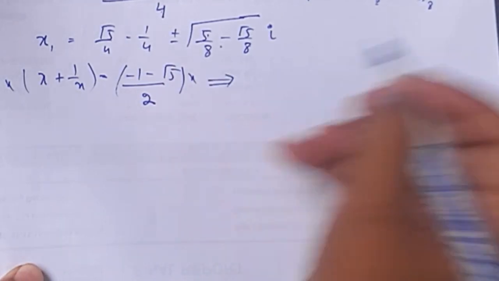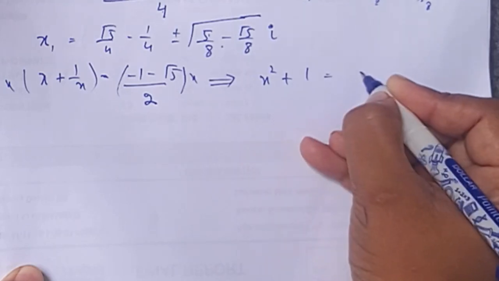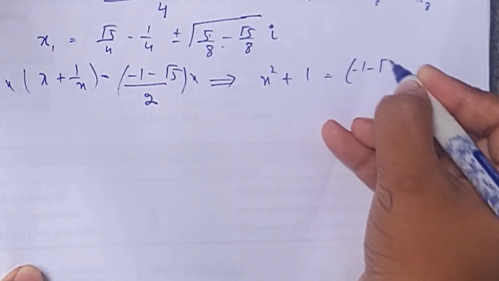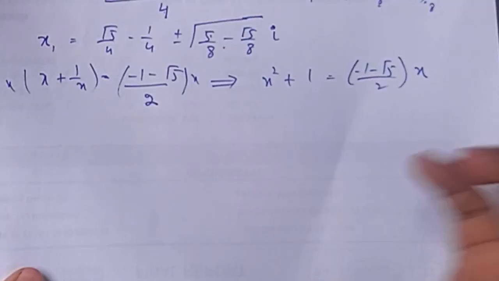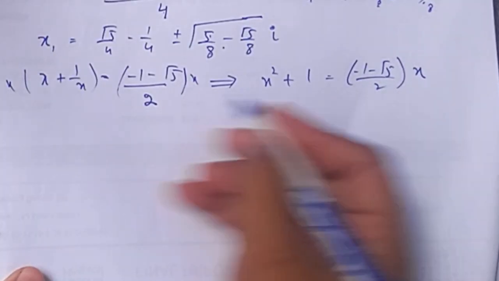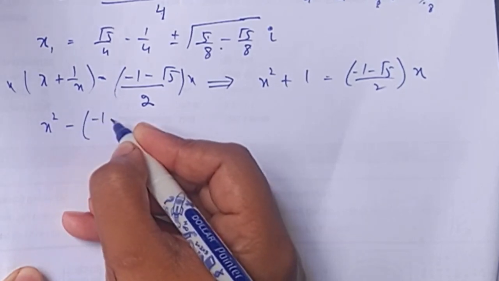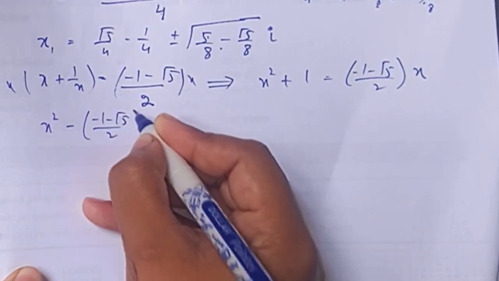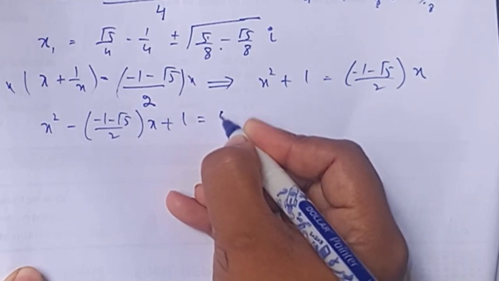So this is equal to x square plus 1, it's equal to minus 1 minus square root 5 over 2 x. Now we shift this part to the left hand side. So it's x square minus 1 minus square root 5 over 2 times x plus 1, it's equal to 0.